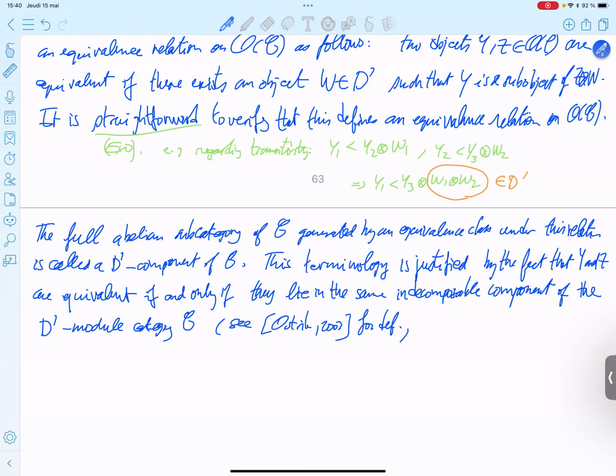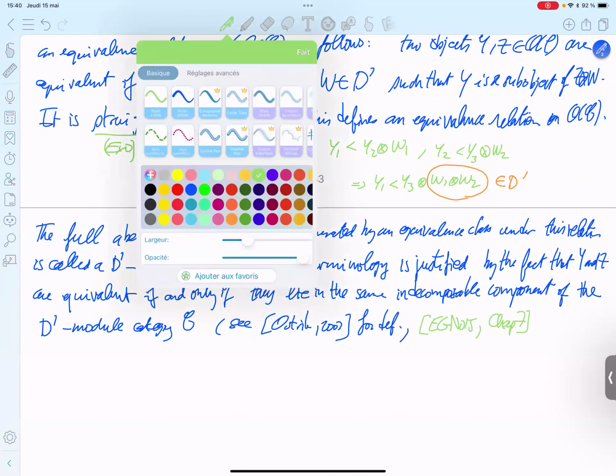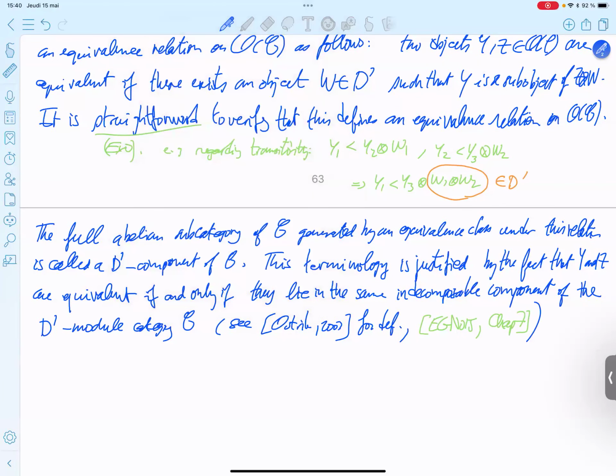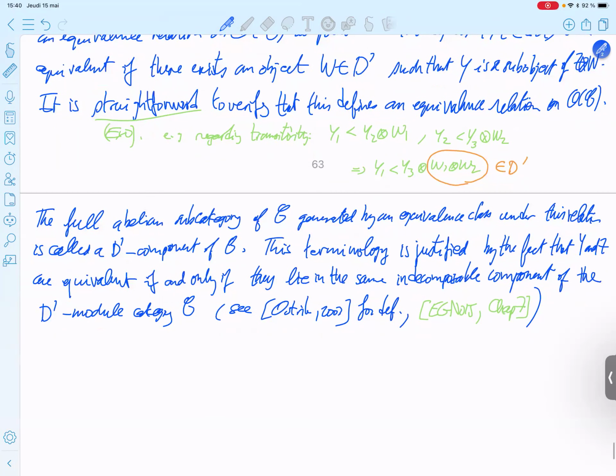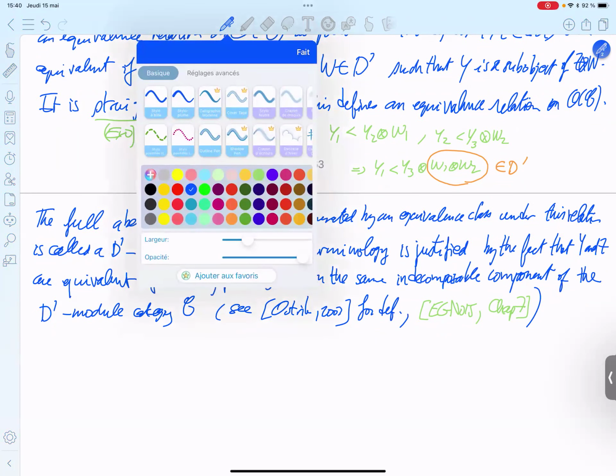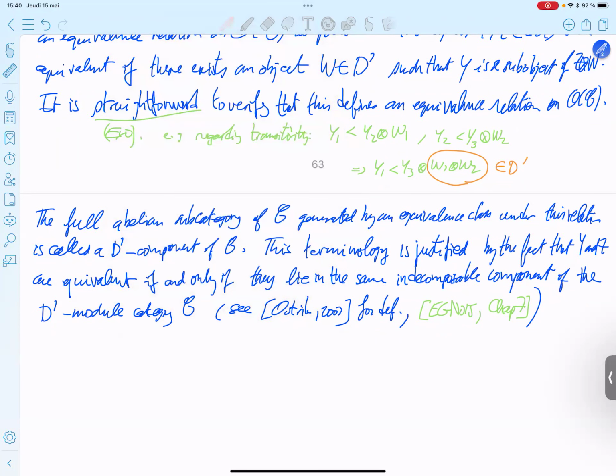So you should see directly the EGNO book in chapter 7. Chapter 7 is called module category. There, everything is defined in great detail regarding module categories. And so there you will understand why this terminology is justified. Okay, so D prime component.